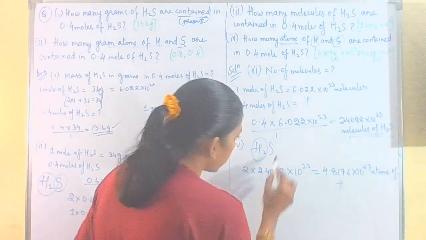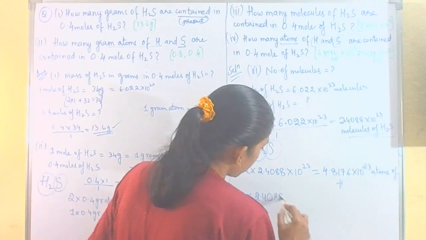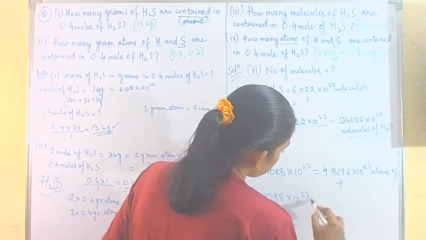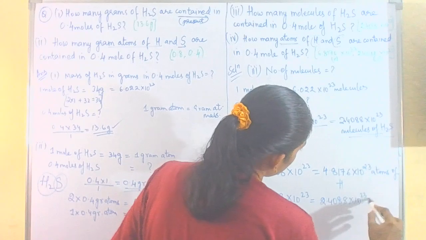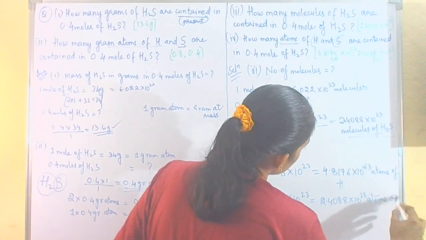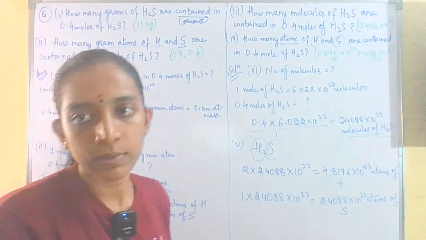Then what about sulfur? We have only 1 atom of sulfur. 1 into 2.4088 into 10 to the power 23 is equal to 2.4088 into 10 to the power 23 atoms of sulfur present in 0.4 moles of H2S.